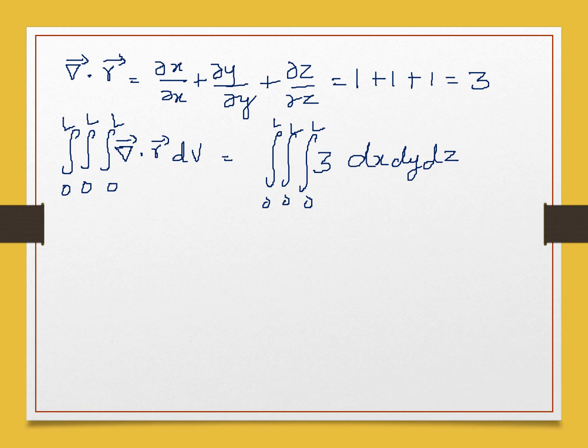The first integral is the limits for x, the second is the limits for the y axis, and the third is the limit for the z axis.